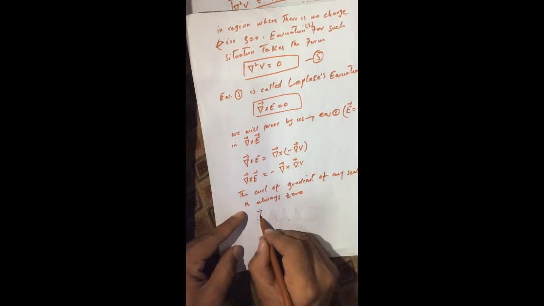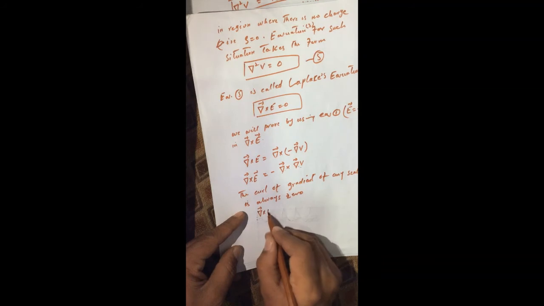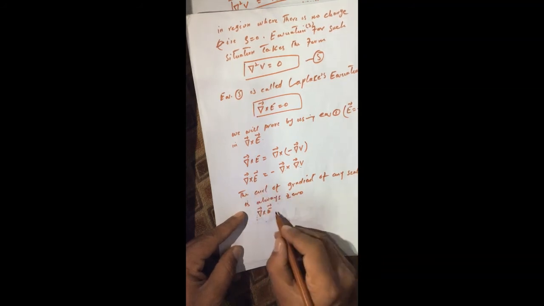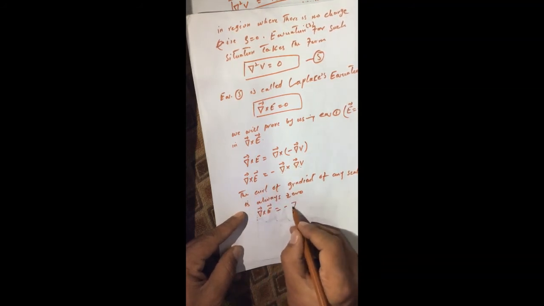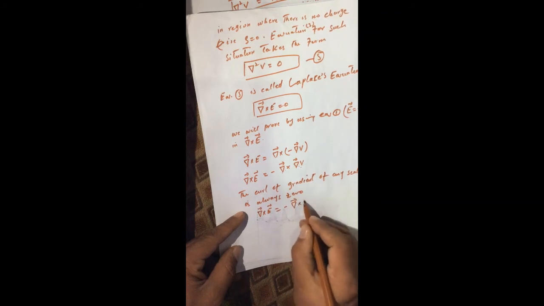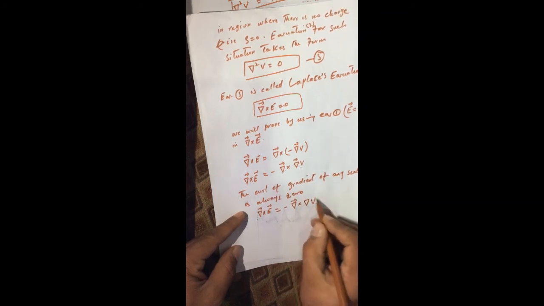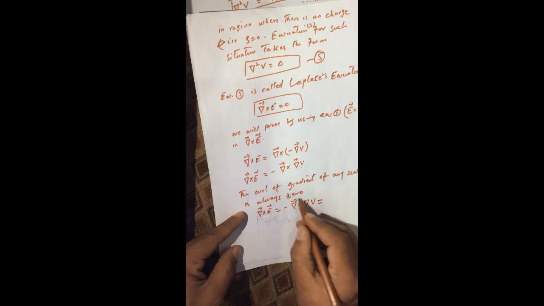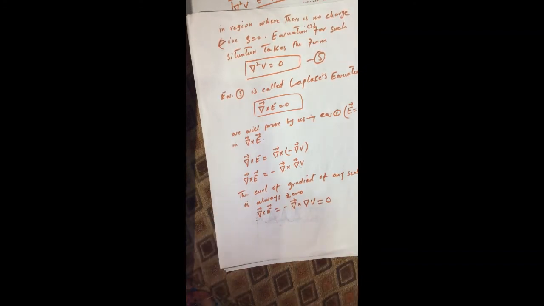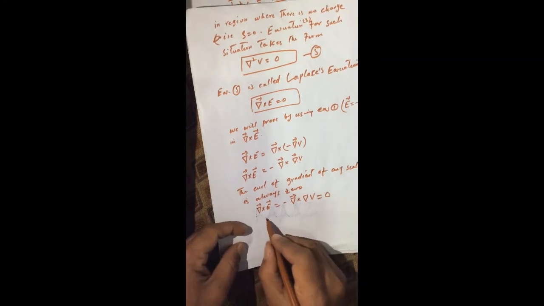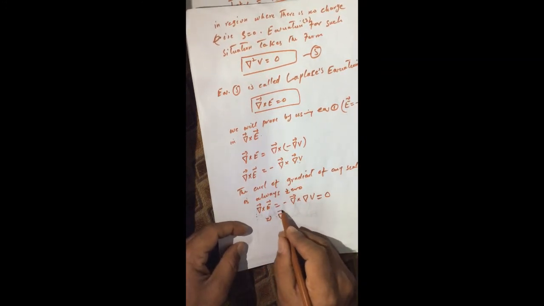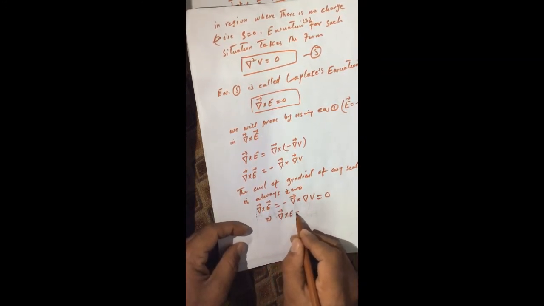So we can write the curl of E as equal to minus curl of gradient of scalar potential, and this is already 0 because we already proved it. So this implies that the curl of E is equal to 0.